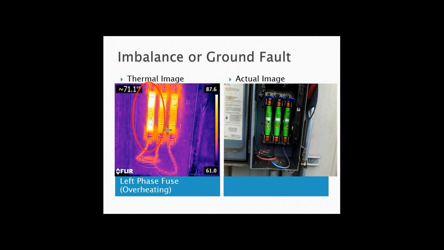So I refused the disconnect, re-energized it, and took a thermal picture. Well, upon re-energizing it, I immediately noticed that this left phase was starting to overheat almost instantly. So is this a current imbalance or is this a ground fault? So to continue further, after several minutes of runtime, that same fuse blew.